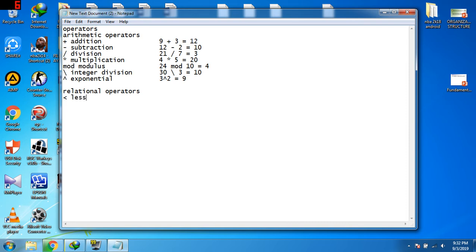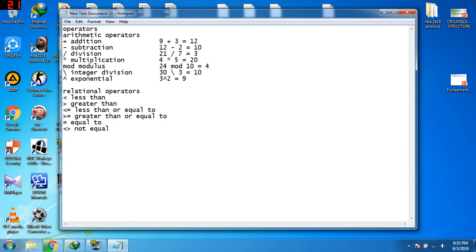That is equivalent to less than, then this one for greater than, then less than or equal to, then greater than or equal to, then this one for equal to, and then we use this symbol for not equal.